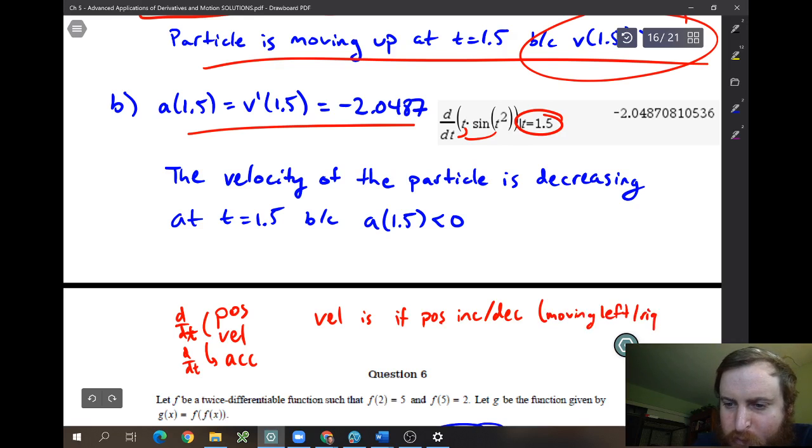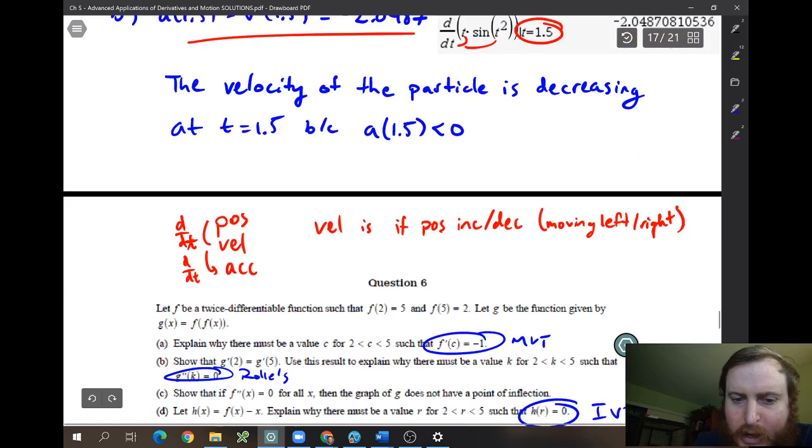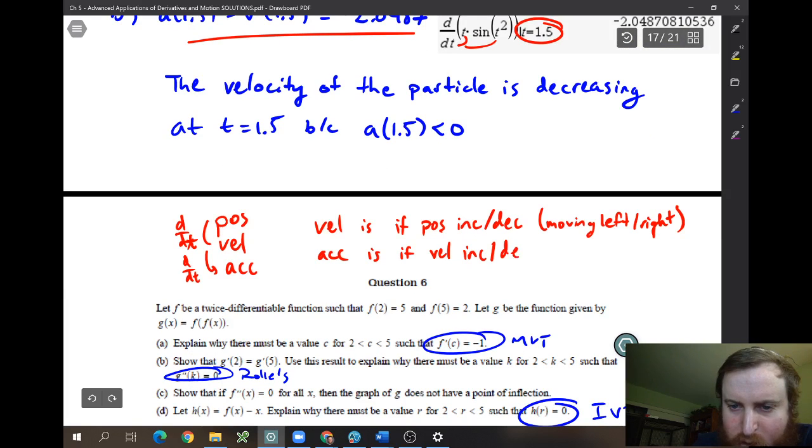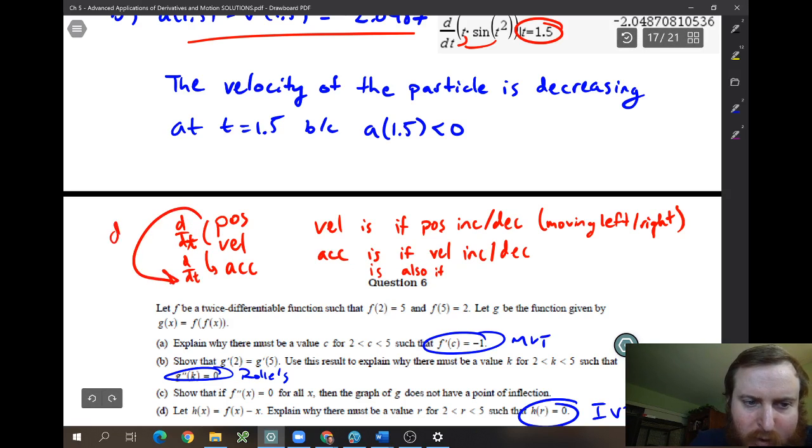And acceleration is if the velocity is increasing or decreasing, but from the position we could jump straight to acceleration by doing the second derivative.